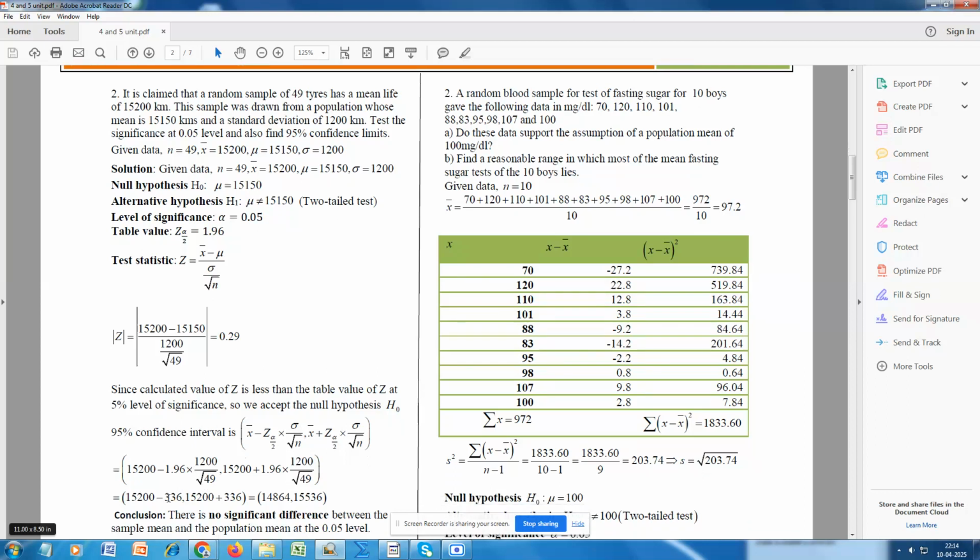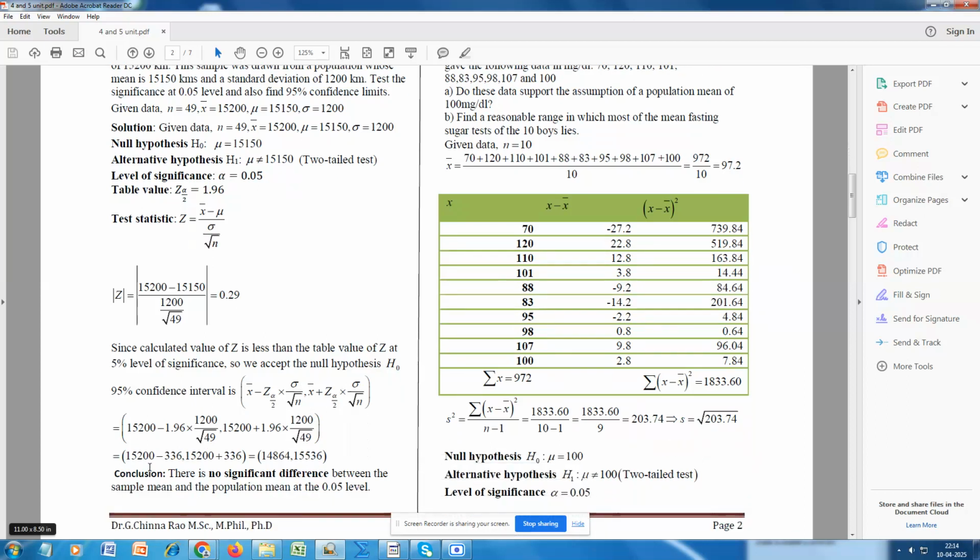And we simplify, we get 14,864 and 15,536. So these are the confidence limits.